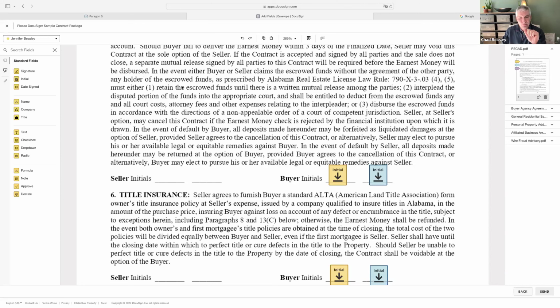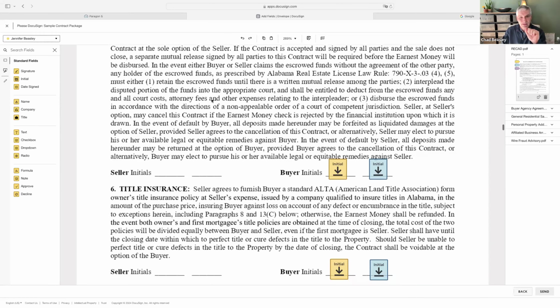So make sure that your buyer is aware that earnest money is a tricky thing. You want to offer enough earnest money that it makes you look serious, but at the same time, you don't want to put so much money out there that's tied up that if something goes south and the seller just decides to make your life difficult and won't sign the release, and you got to jump through a bunch of hoops to get it back, and it puts you in a bind to get it back, you don't want to have $100,000 sitting out there.